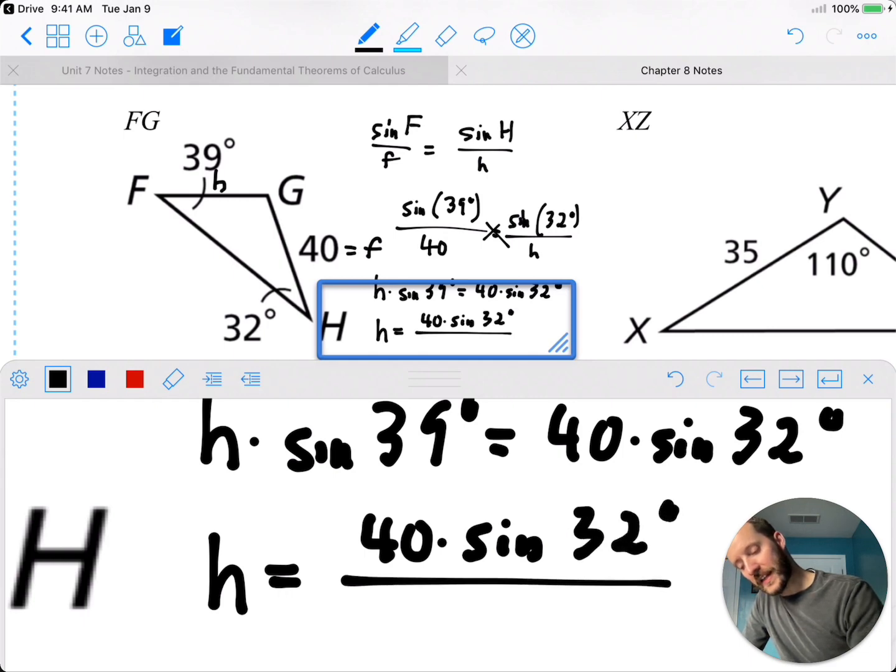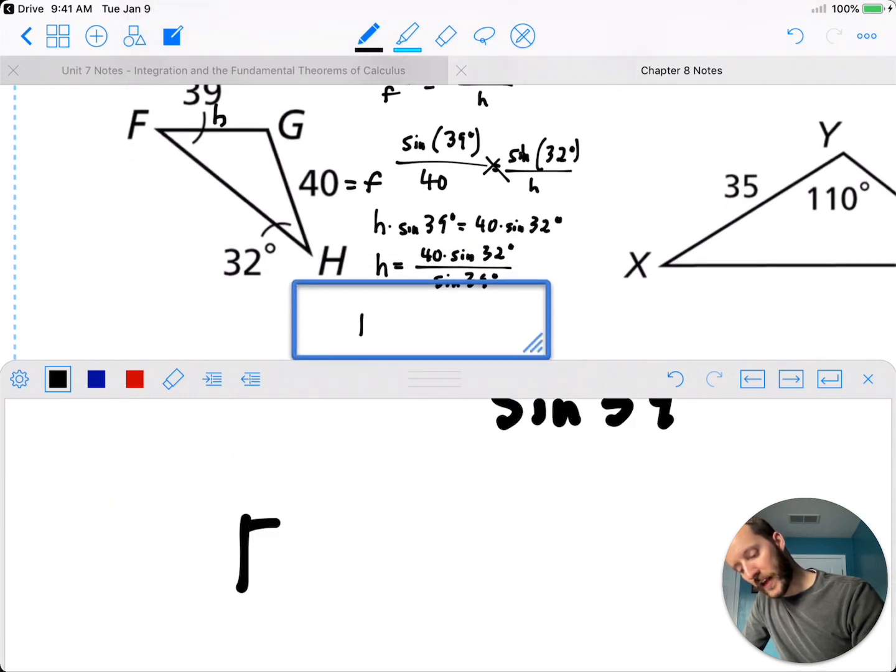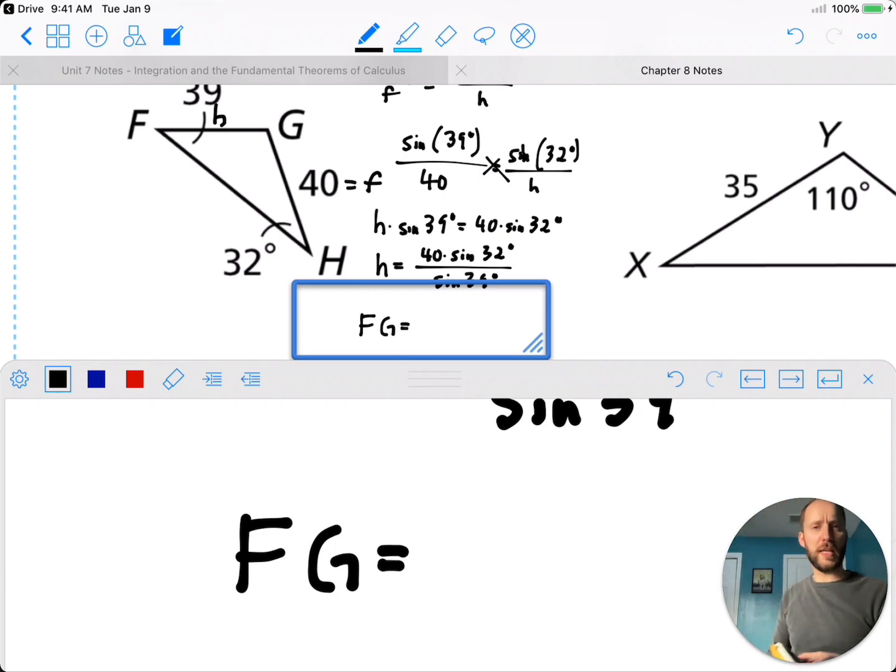So 40 times sine 32 all over sine 39 degrees. And to find h, just plug what you have into a calculator. To be careful, you have fractions. You want to use parentheses around the fraction.